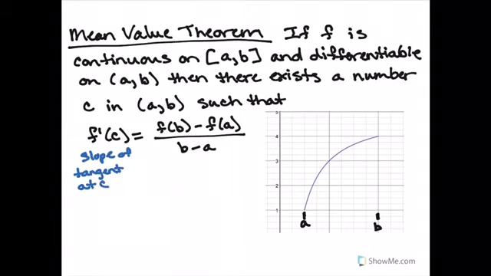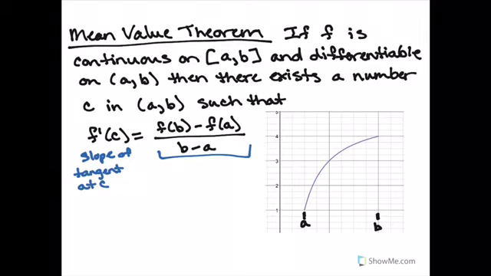Is equal to, well, look at this. What is this? That's the formula for slope. And it's the slope of the line in between the points A, f of A, and B, f of B.